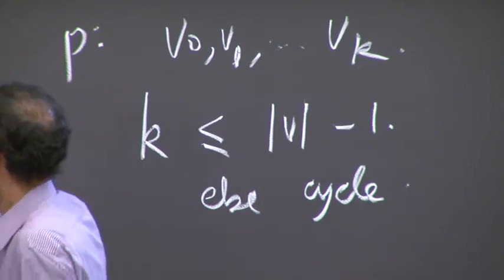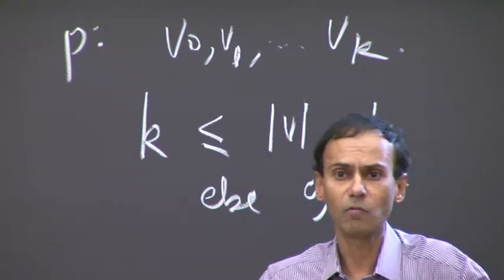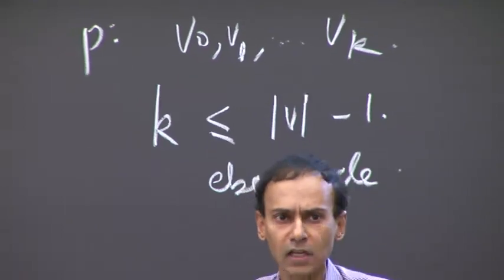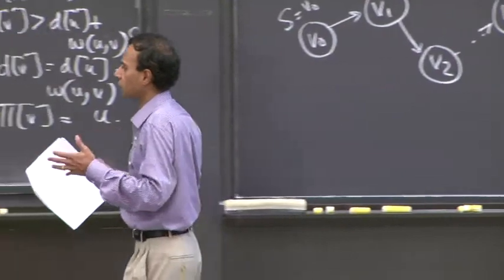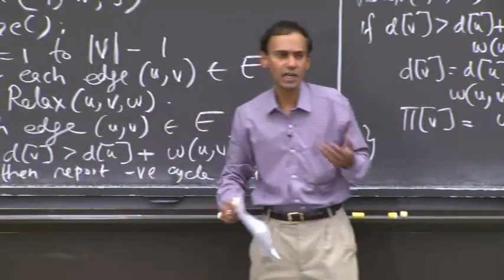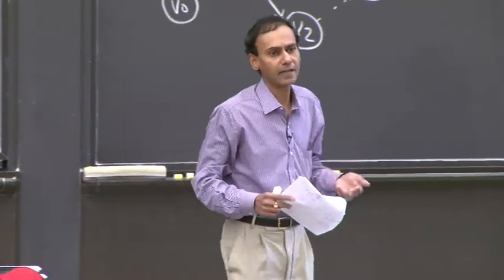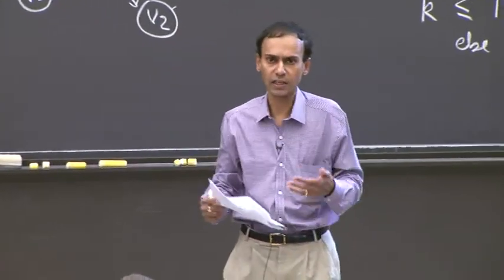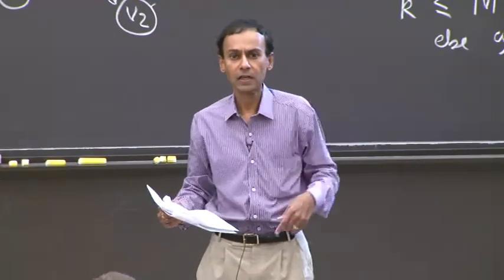And we're looking for the shortest simple paths because, why are we looking for shortest simple paths? In this case, if there's a negative cycle, we're in trouble, right? Because the shortest path is not necessarily the simple path, because you could go around the cycle a bunch of times.